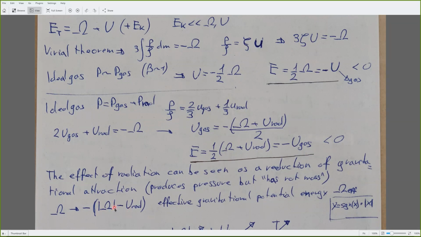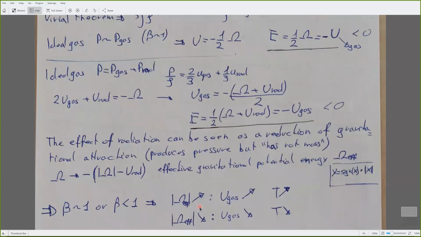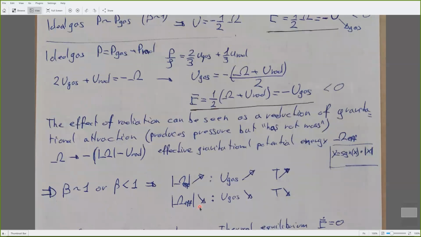So we can see that the effect of radiation is not exactly a reduction of the potential energy, but it is similar. It is like using a reduced potential energy, what we call the effective one. Even if we consider that the gas pressure is completely dominant, so that the total pressure is given only by the gas, or both, we have the same situation.